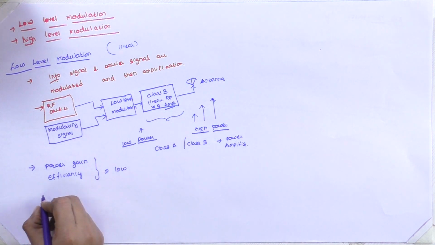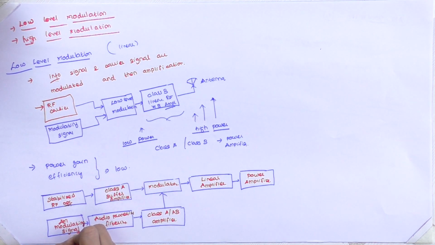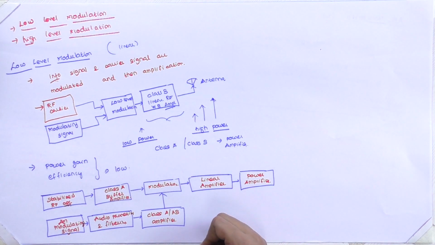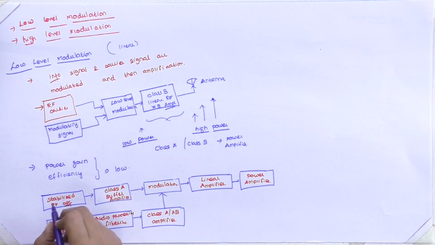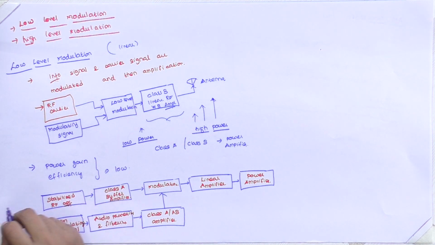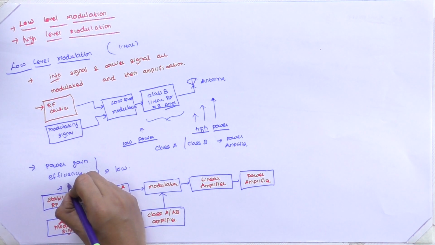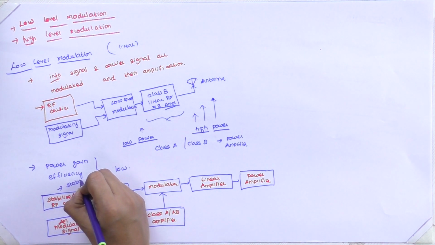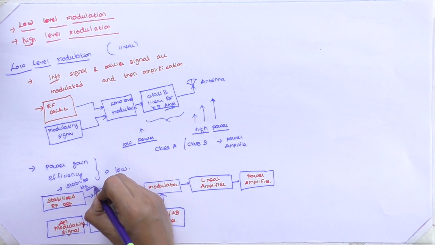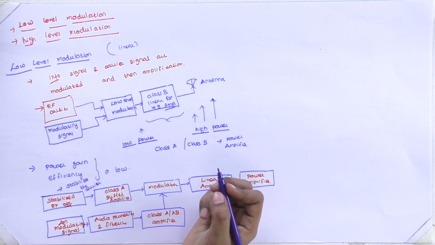When we see in depth what all the stages are, this is our low level modulation stages. First is our stabilized RF oscillator, in order to stabilize the frequency of the carrier signal. Why do we go for frequency stabilization?